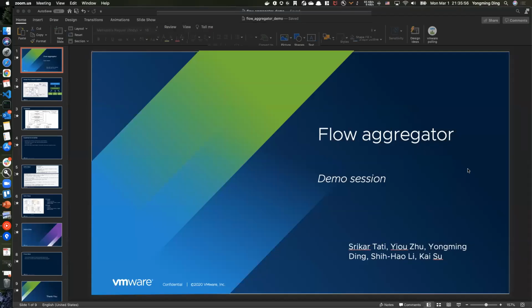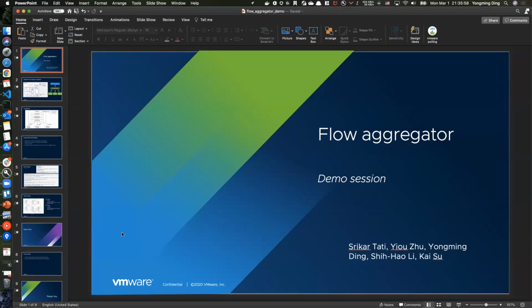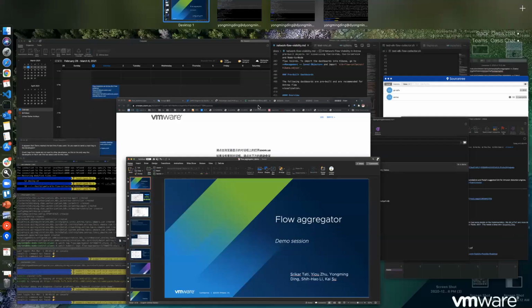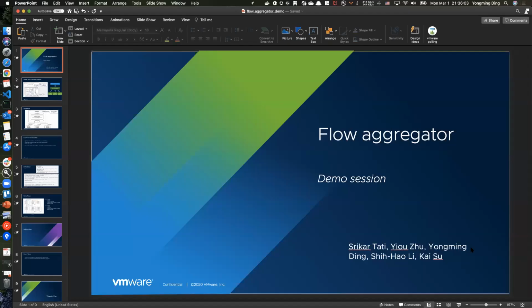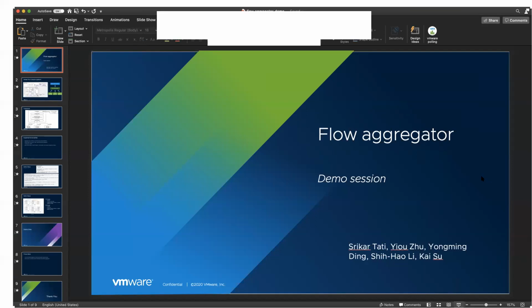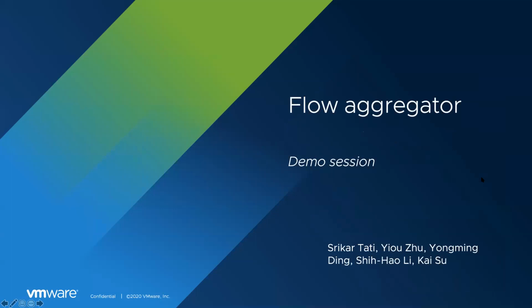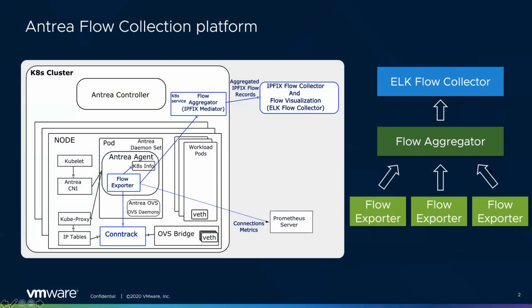Okay, thank you, Zrika. I will start first. Can you see my screen? Yes, go ahead. Yeah, thanks. Flow Aggregator is a new feature integrated into our network visibility feature.